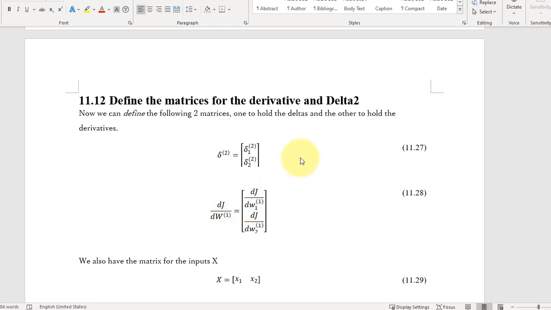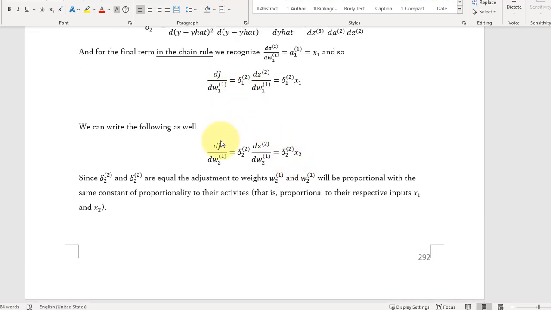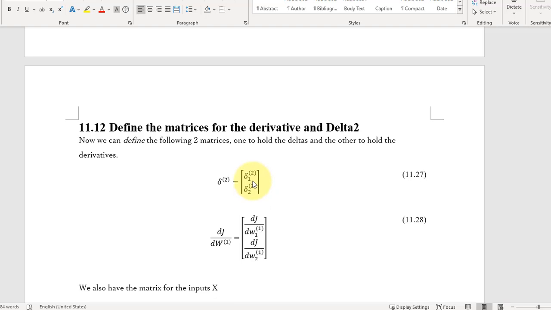Now, if we want to put these two results into a matrix, we could do that. We could just put this result as the first element of the matrix and this result as the second element of the matrix. We can call that the derivative of J with respect to the weight matrix.